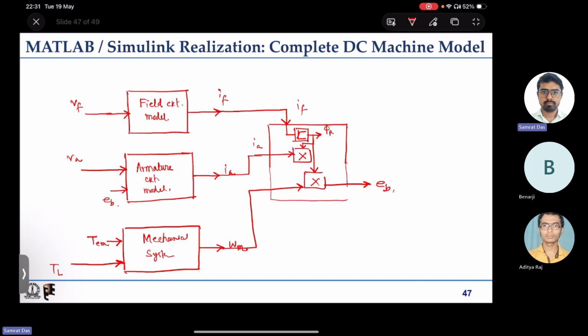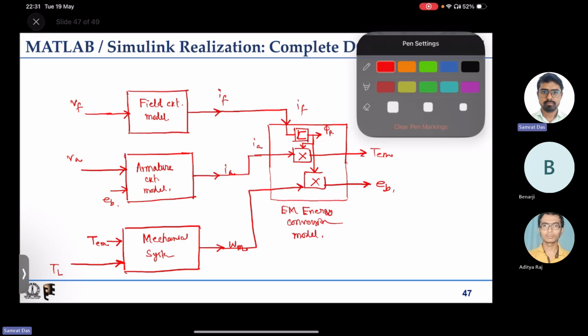And this is the electromechanical energy conversion model. Its output is TEM.